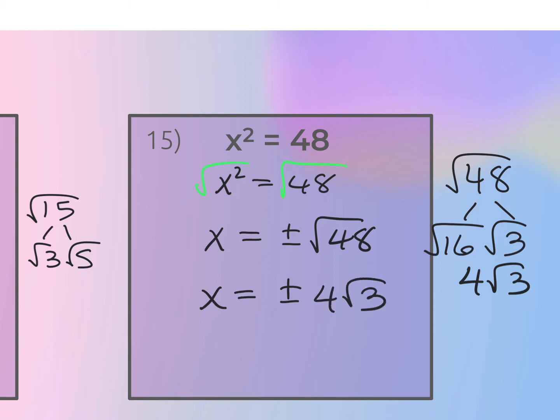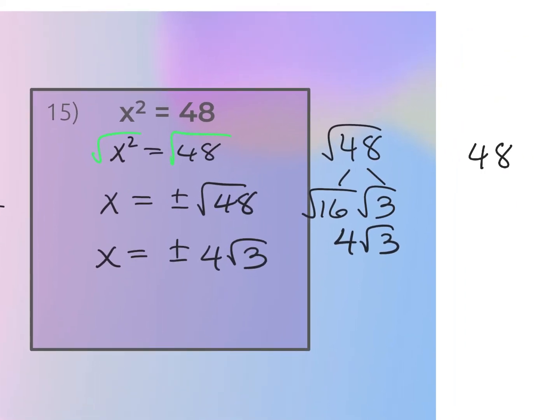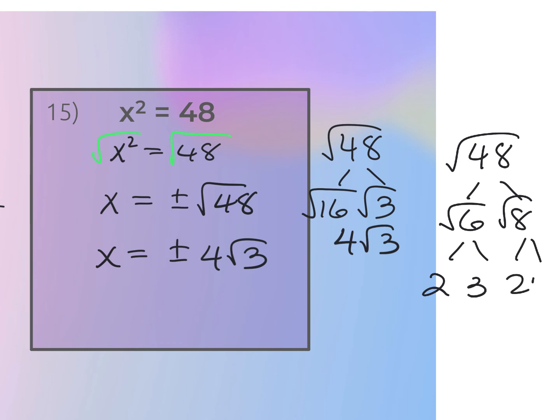If you didn't catch that, and you'd rather keep breaking it down till it's prime, let's say you did 6 times 8, because you didn't know 16 went in there, then you're going to keep breaking it down till you get to prime numbers. I got a prime here, a prime here. 4 needs to go to 2 and 2.